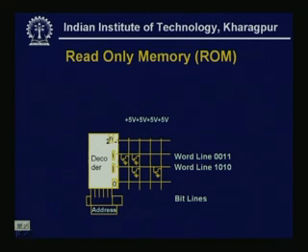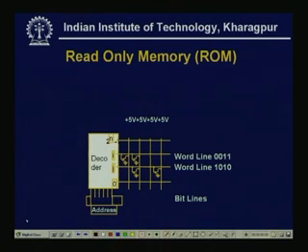Now, these output lines are called the word lines. See here, this is a word line 0 0 1 1, means that here this will be treated as a 0, this will be treated as a 0, or 0 0 1 1. So, actually these column lines are connected to a 5 volt supply, all connected to 5 volt supply. So, this is a 1.